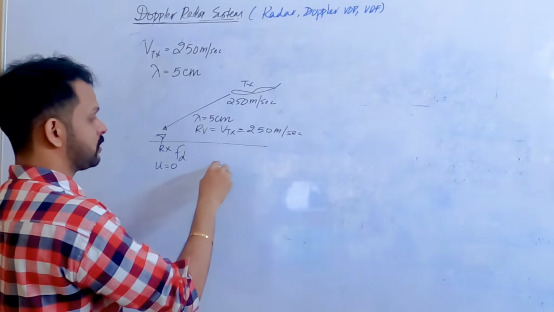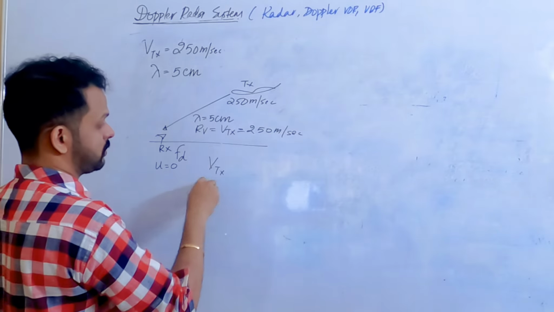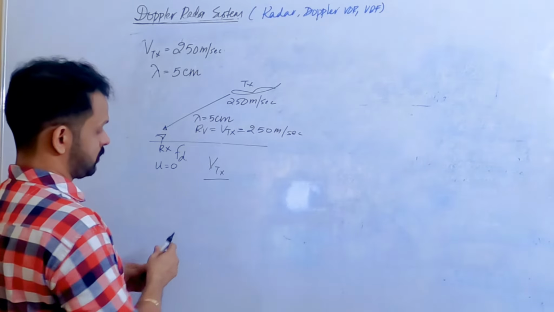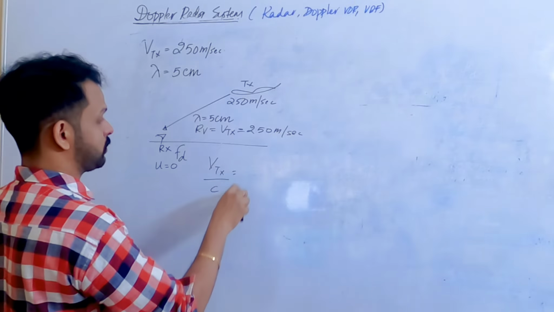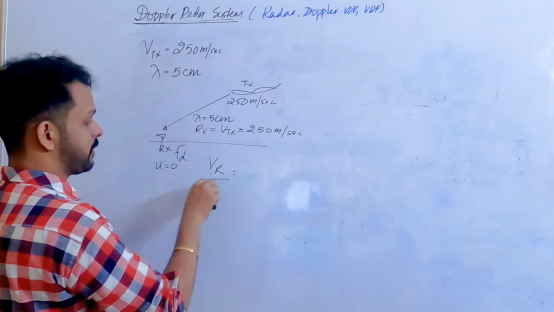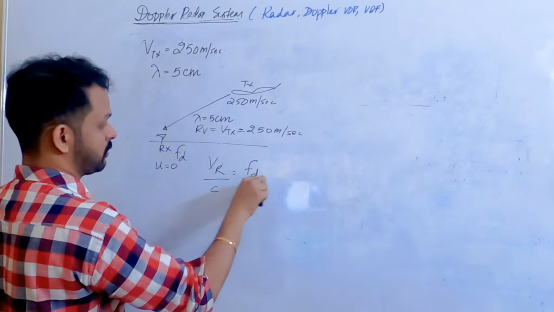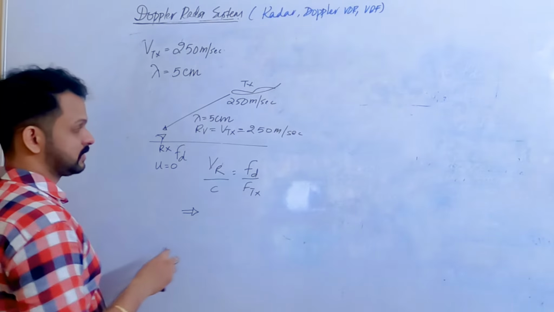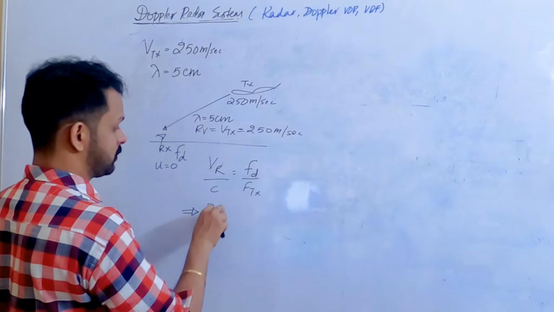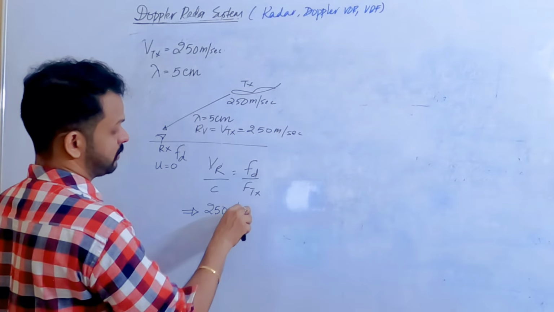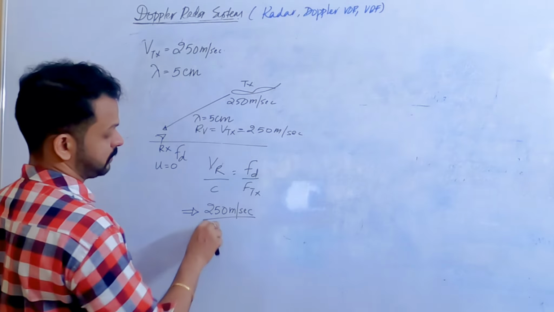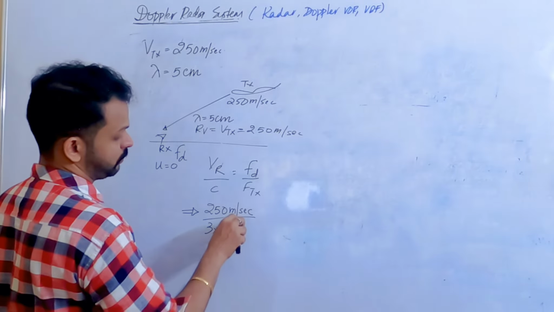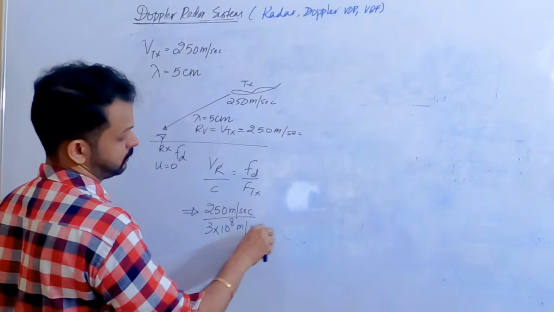Using the same equation, velocity of transmitter divided by c is equal to relative velocity by speed of light, which is frequency shift by frequency of transmitter. Since the receiver is stationary, relative velocity is the same as the velocity of the transmitter, 250 meters per second. Speed of light is 3 times 10 to the power 8 meters per second.